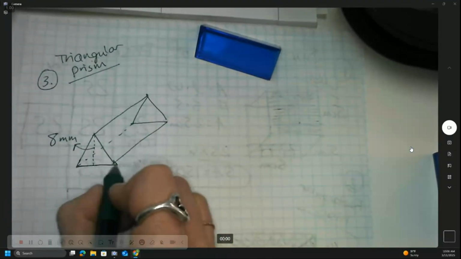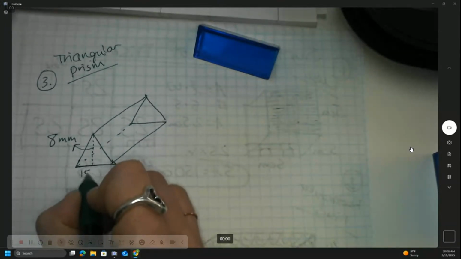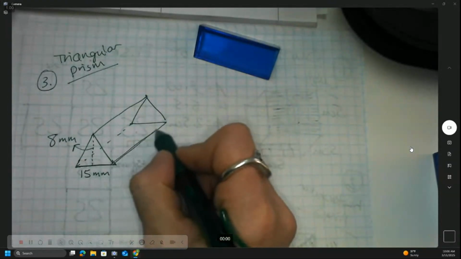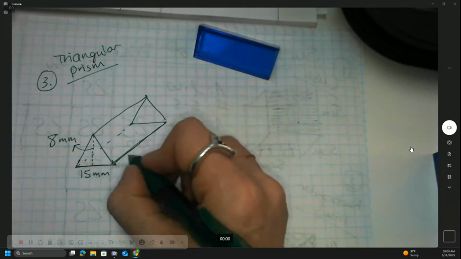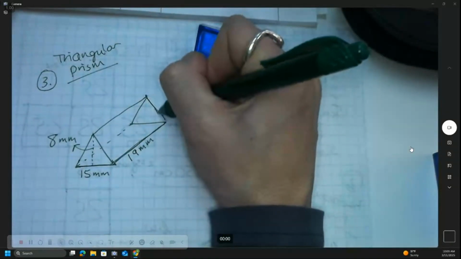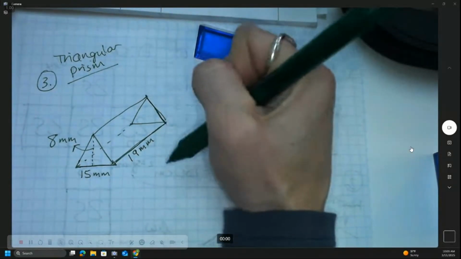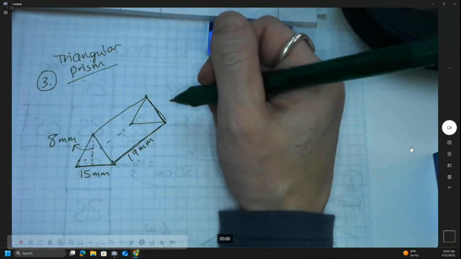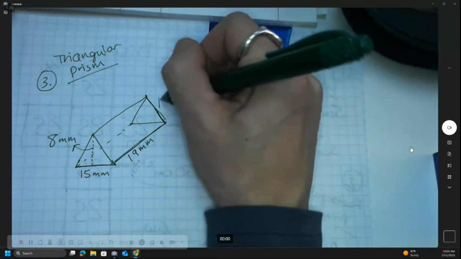The base of this triangle is 15 millimeters. The length of this is 19 millimeters. And now I got to give you one more, the lateral height. And this is where it gets tricky. The lateral height of the triangle is 17 millimeters.